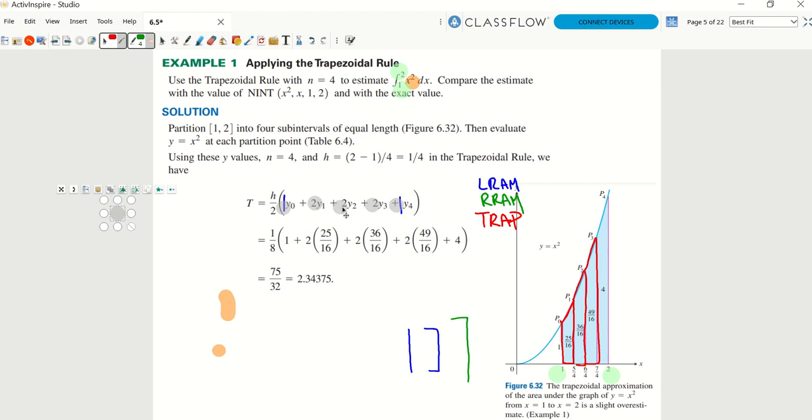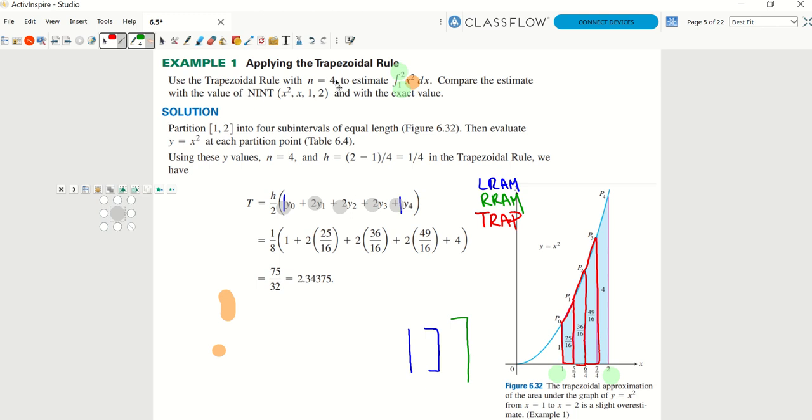Now, it just so happened, or excuse me, it doesn't always have to be 3 twos. It can be as many 2s as needed. And I'll tell you this: the number of 2s in the middle is always going to be 1 less than the number of partitions.